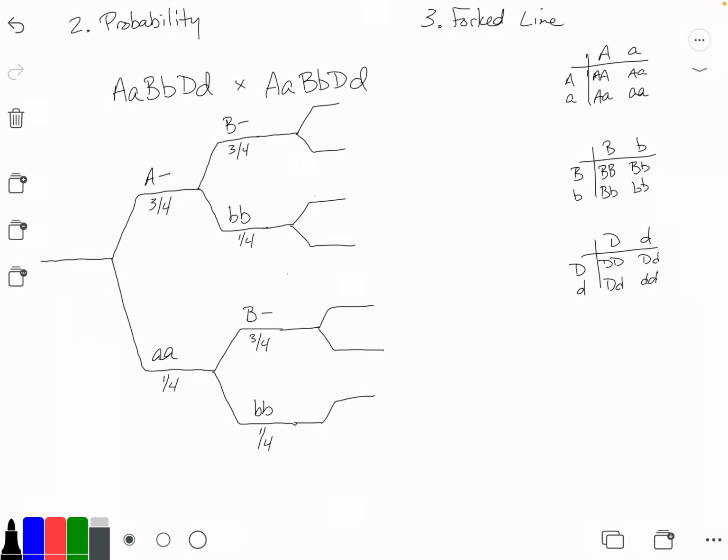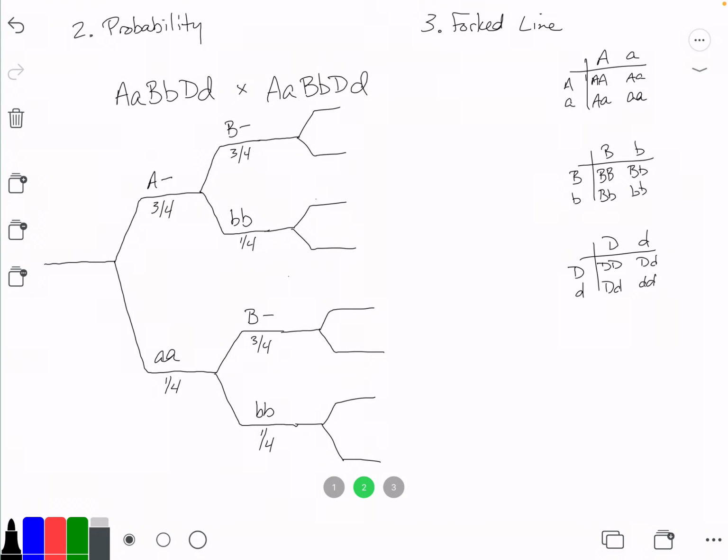Okay. So again, either D is dominant or recessive. And again, this isn't the most exciting example because my probabilities are all the same, but you're getting these probability fractions for each gene, based on what I see over there on the side, those little Punnett squares.